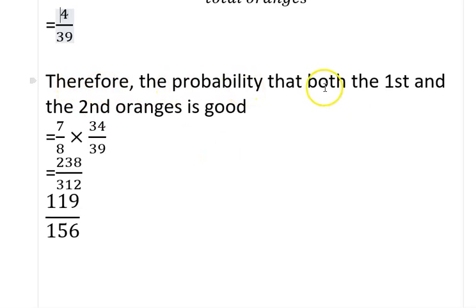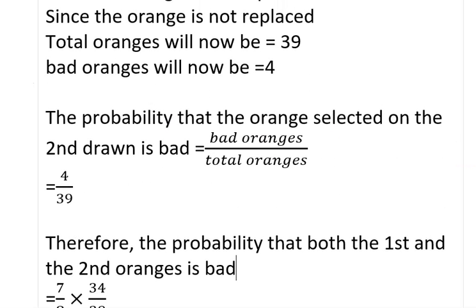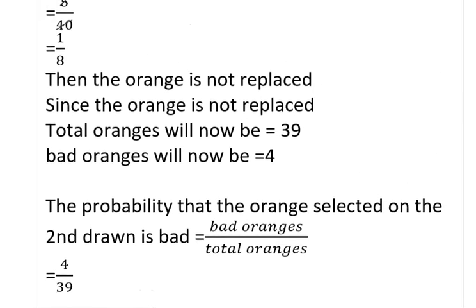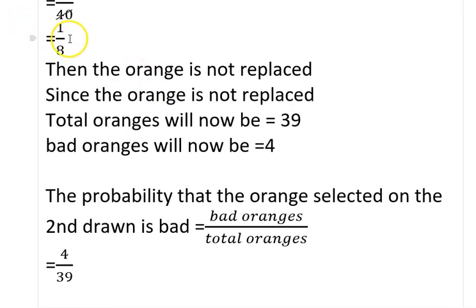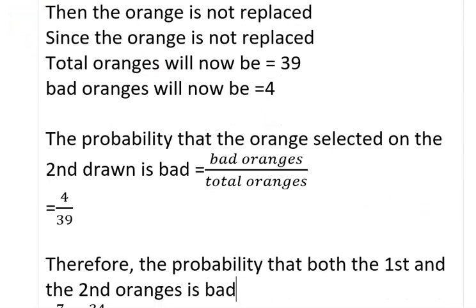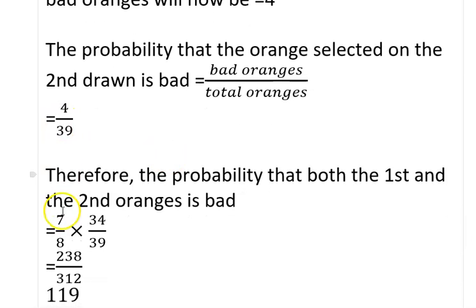Therefore, the probability that both the first and the second oranges is bad will now be (1 over 8) that we have here, that's the first one drawn, times 4 over 39. 1 over 8 times 4 over 39. Awesome.